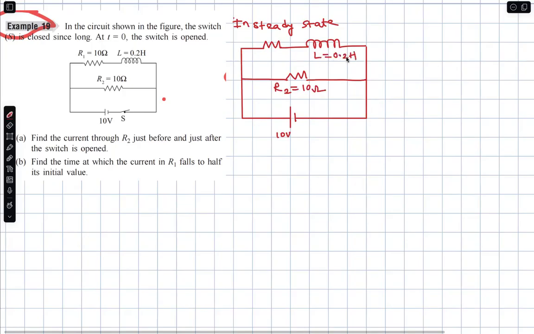Remember, in steady state, inductor behaves like a conductor.